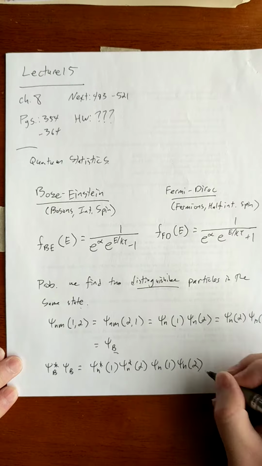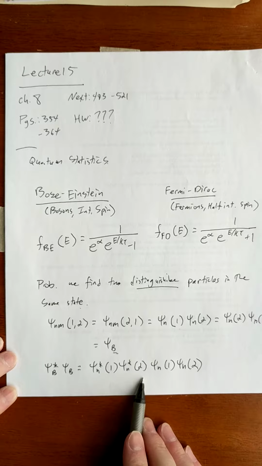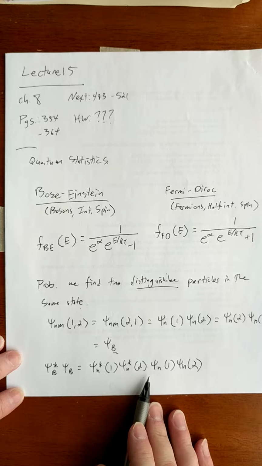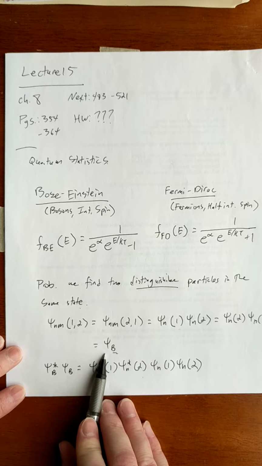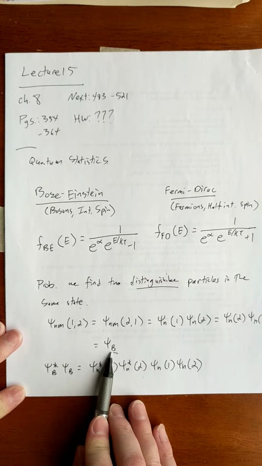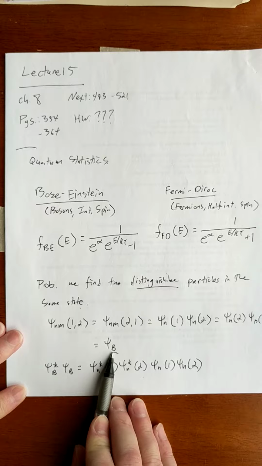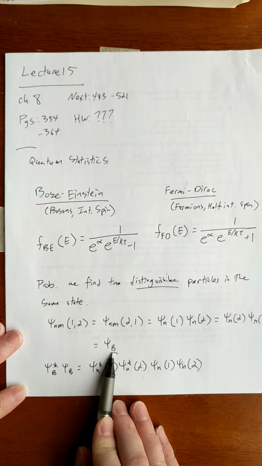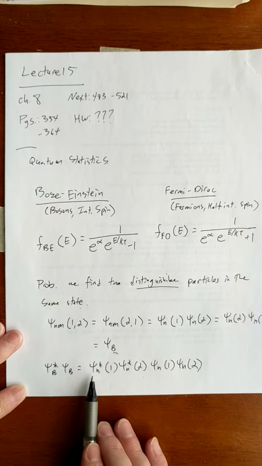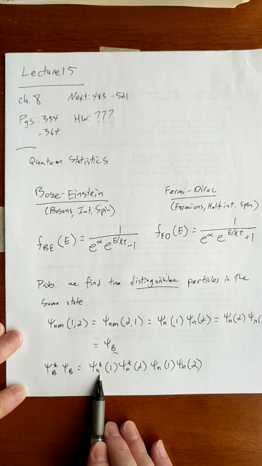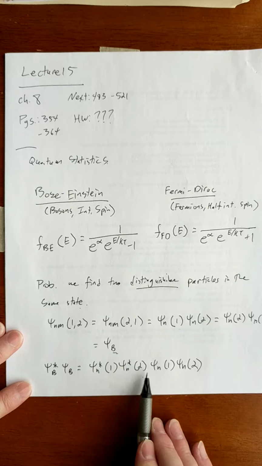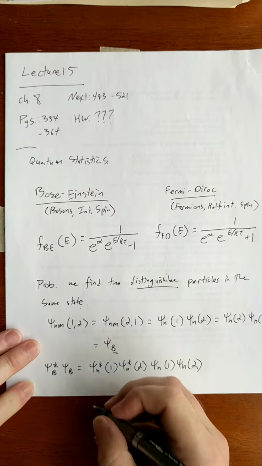I wrote this down just to show you that nothing weird happens. The probability of finding particles in a Boltzmann distribution in some specific set of states, I just take the wave functions of each of those individual particles and multiply them.